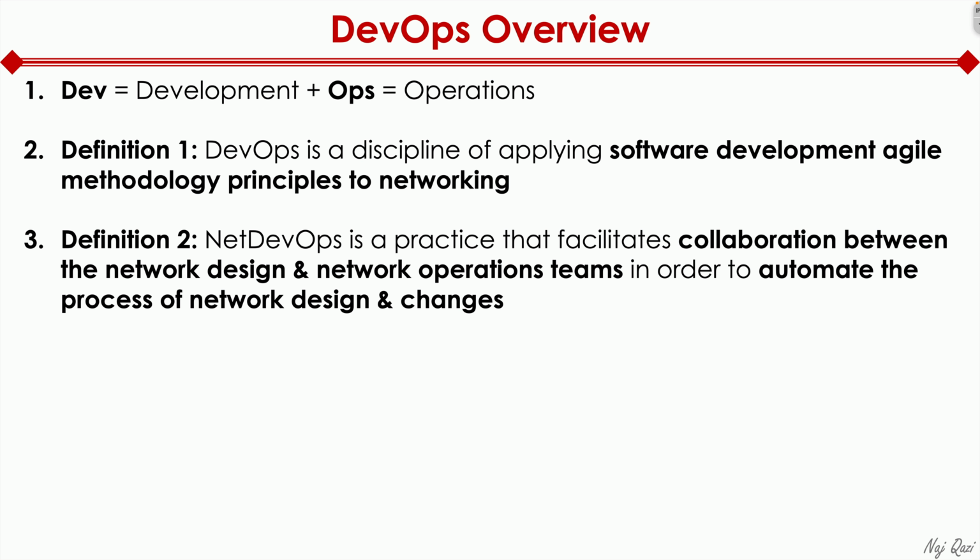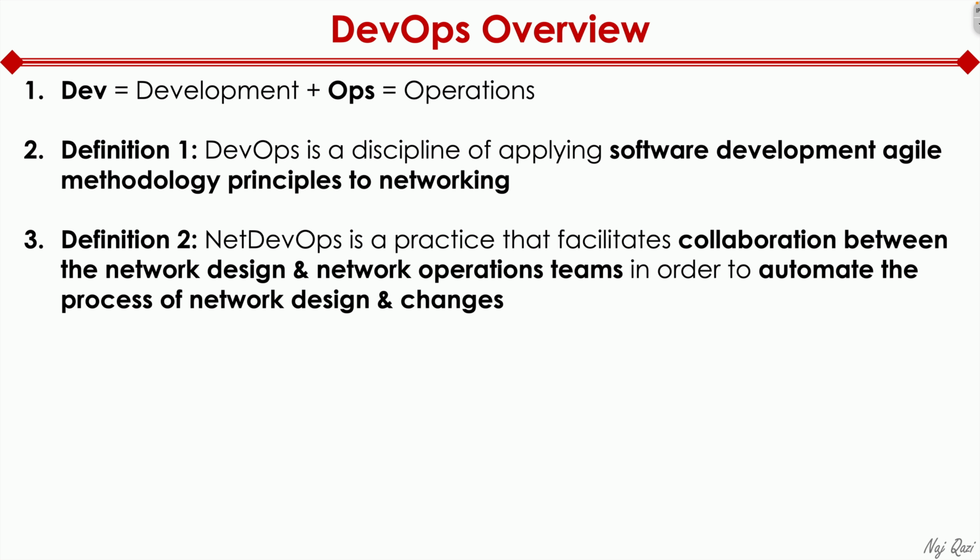Okay, so that's the first definition of DevOps. The second definition of DevOps, and I'm using another term here, which is also interchangeably used with DevOps, is called Net DevOps. And here the net stands for network, of course. So Net DevOps is a practice that facilitates collaboration between the network design and network operations teams in order to automate the process of network design and changes.